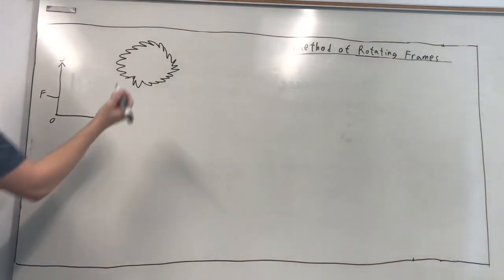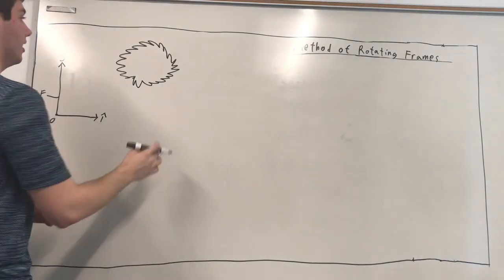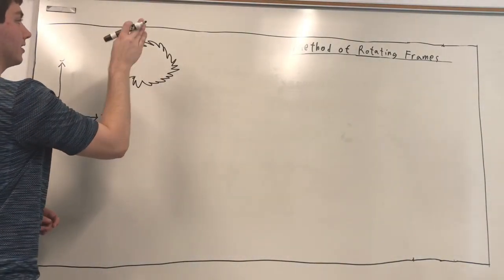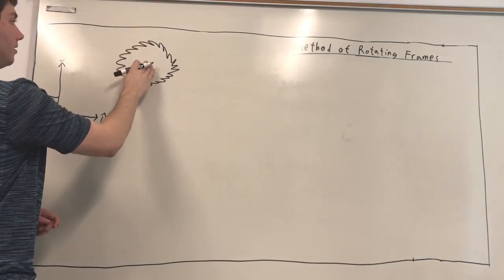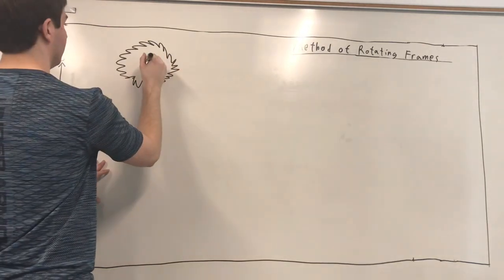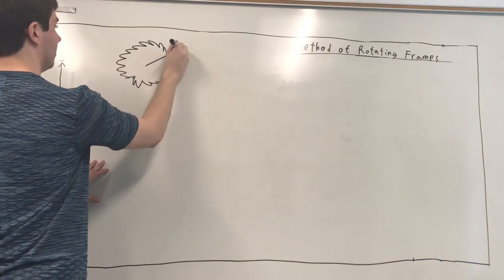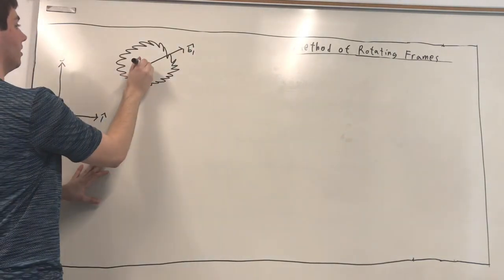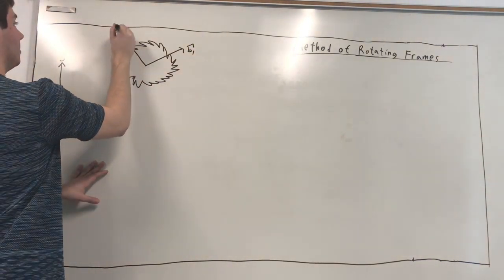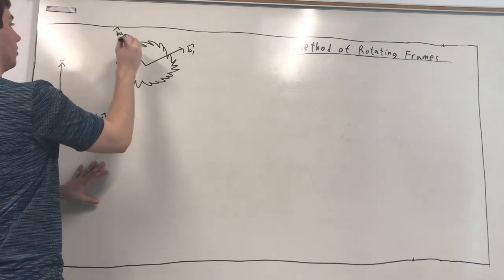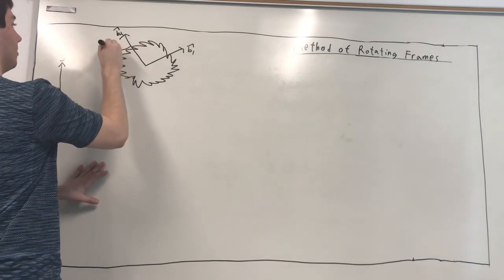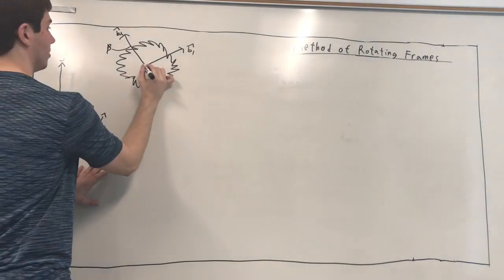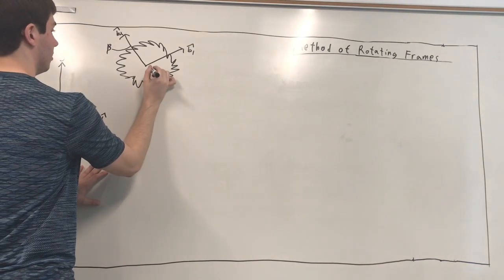Now we're going to use a body frame that is attached to this frisbee. You have a B1 hat, you'll have a B2 hat. We're going to call this the B frame for body. This point here will be your O prime.